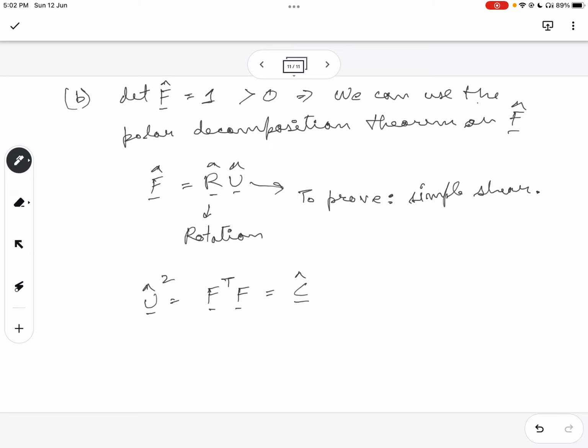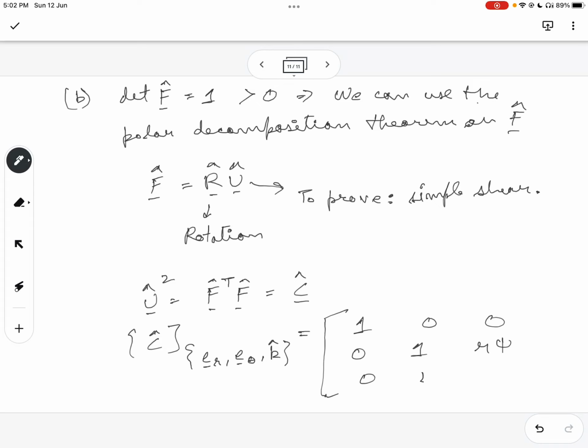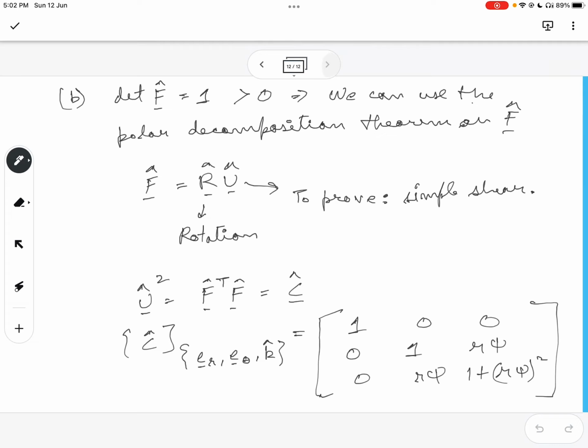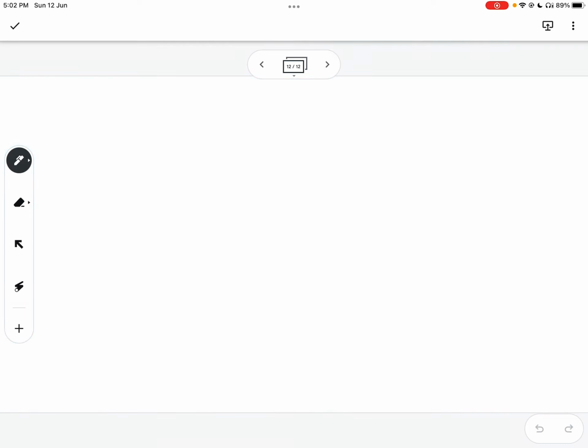So you can easily multiply F transpose F. This is F hat transpose F hat in terms of the e_r, e_theta, k basis, which comes out to be [1 0 0; 0 1 r psi; 0 r psi 1 + r psi squared].